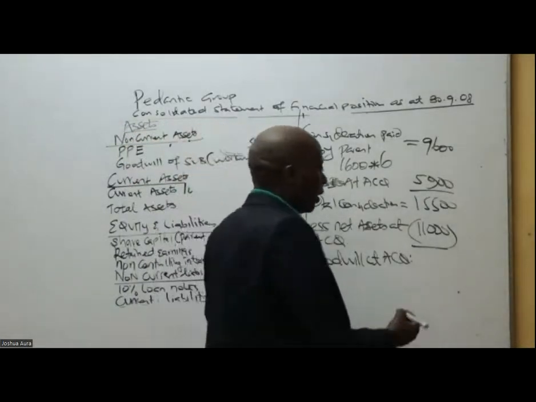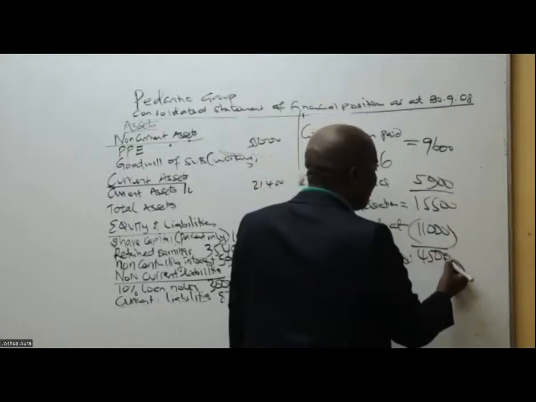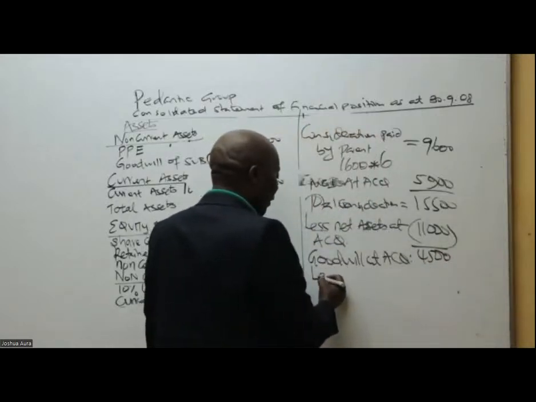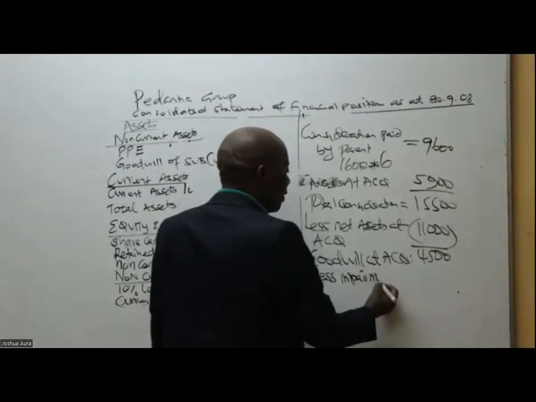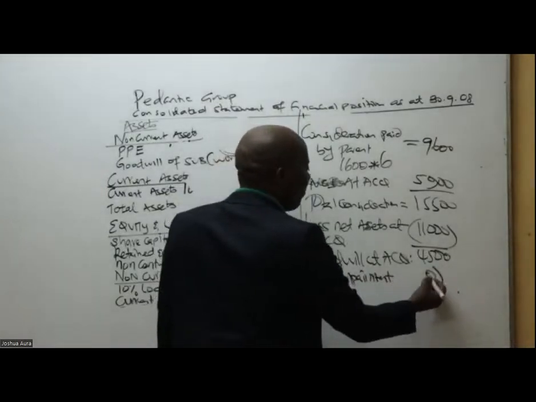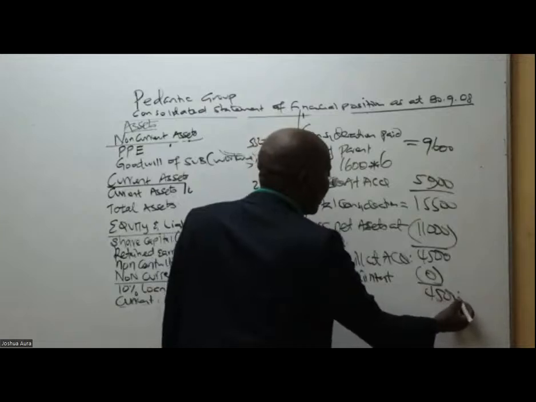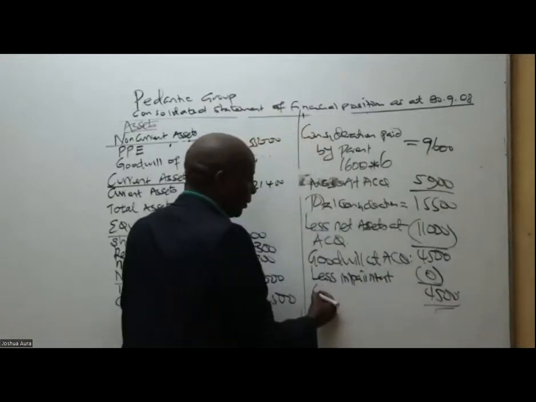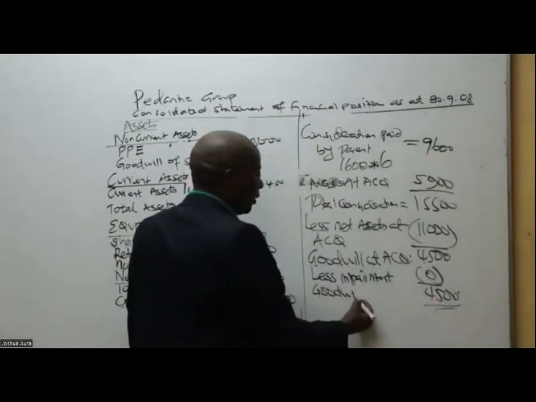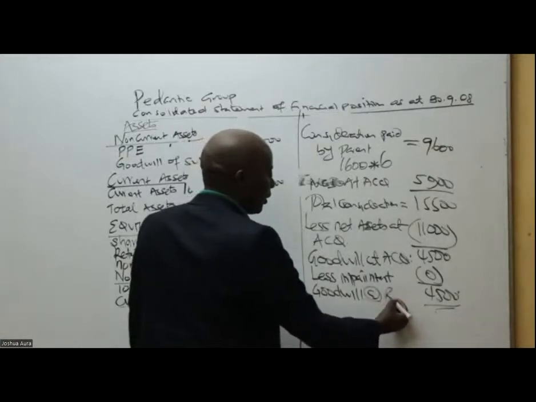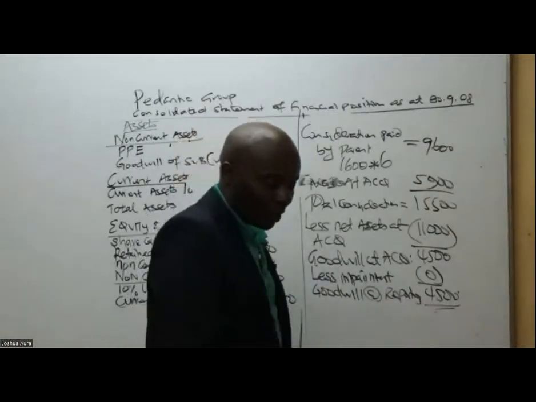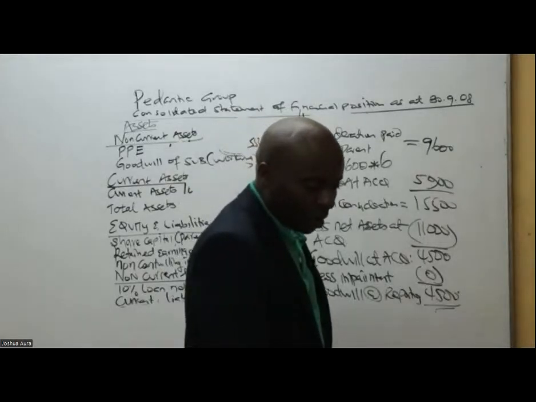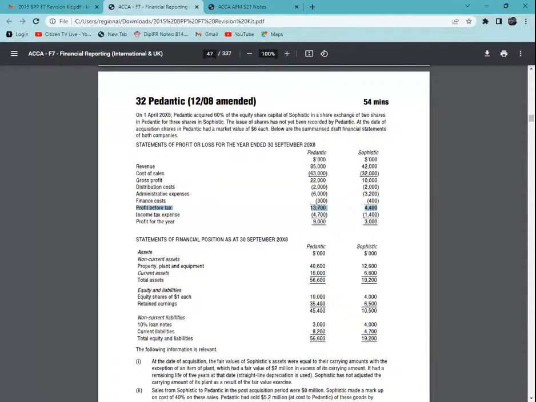4,500. So come here and subtract impairment. Loss in value of goodwill is called impairment. If you remember, there was zero impairment. So this means that goodwill at reporting is 4,500. They told us somewhere down here that goodwill was not impaired at all.